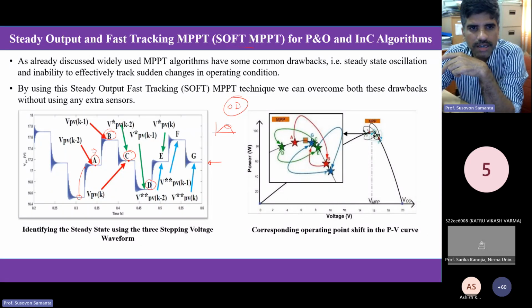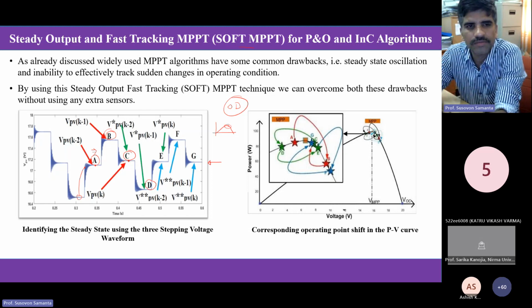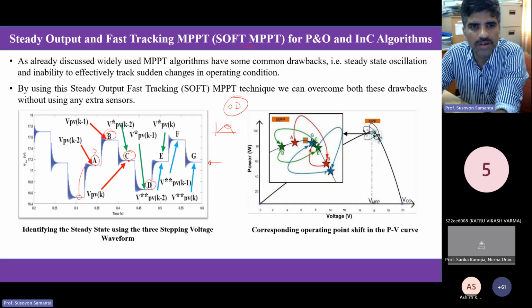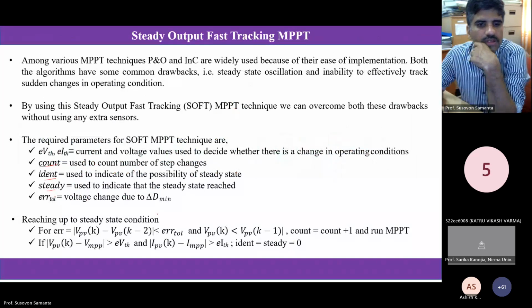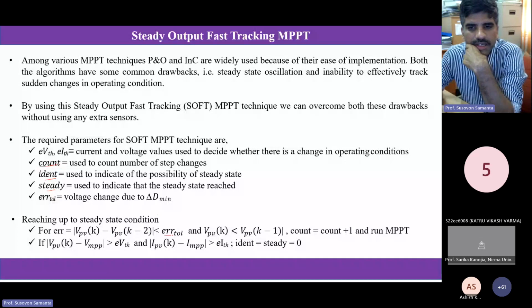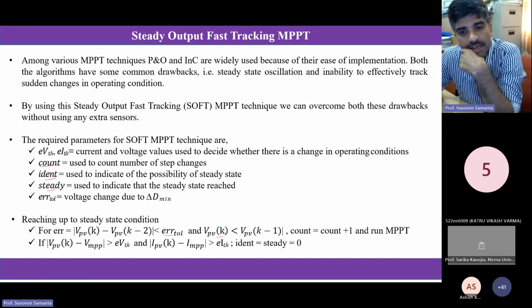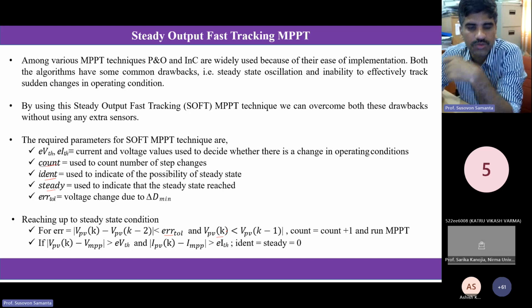So I am checking k and k minus 2, and the difference will be a very small value, and VPV(k-1) will be greater than VPV(k-2). So this is less than the error tolerance.